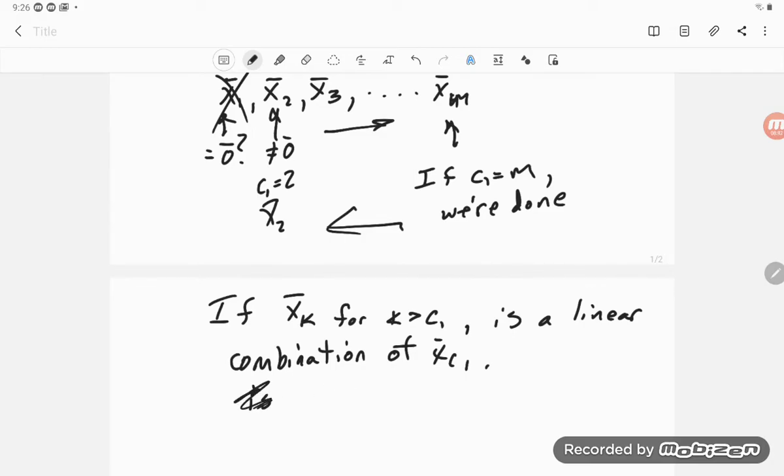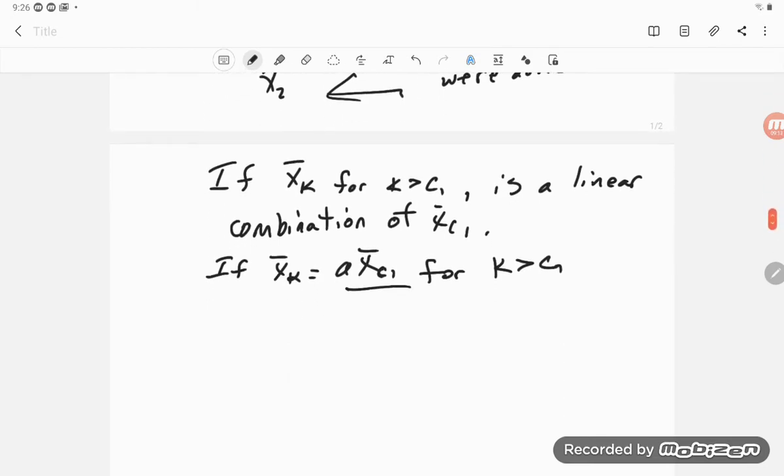Let me just start with the if part. If x sub k equals a times x_c1 for k greater than c1, that would be a linear combination of x_c1. It's just some constant times x_c1.